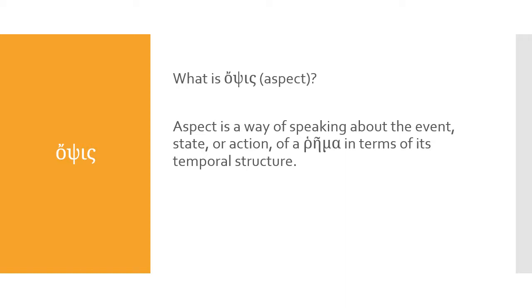So, that's still a fairly high-level description of what we're talking about. We're talking not about the time of the action, past, present, future, but about the temporal structure of the action. How is it seen and how is it presented? It'll become clearer as we see the different aspects in play.